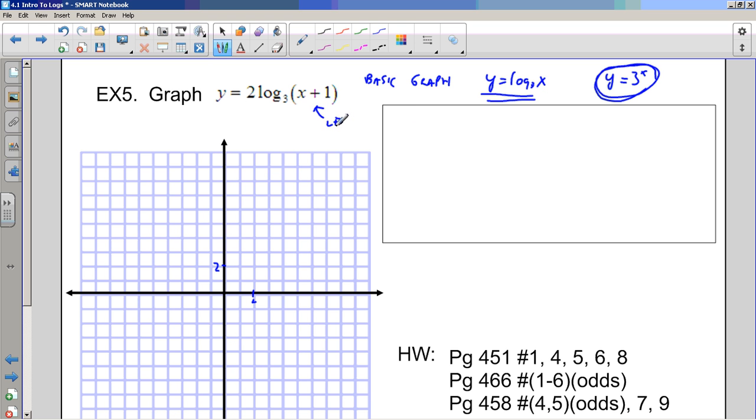It's been moved left 2, and since this is outside of the log rule, this is a vertical expansion by factor 2. And so all the vertical distances are expanded by factor 2. Left 1. And so once I get used to the basic shape, then doing the transformed ones should be okay.